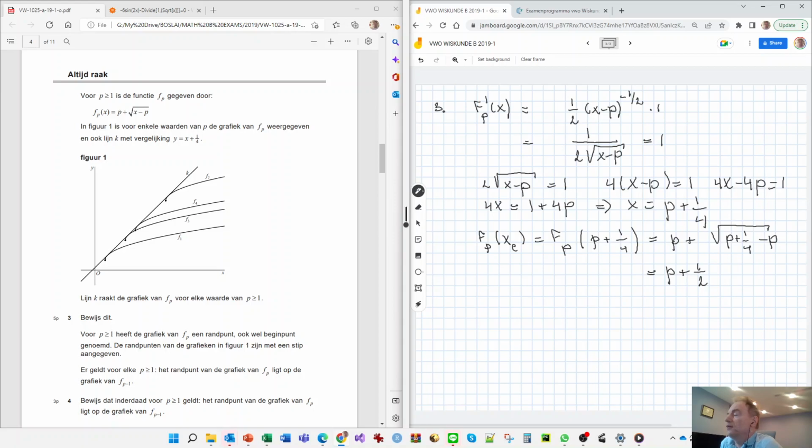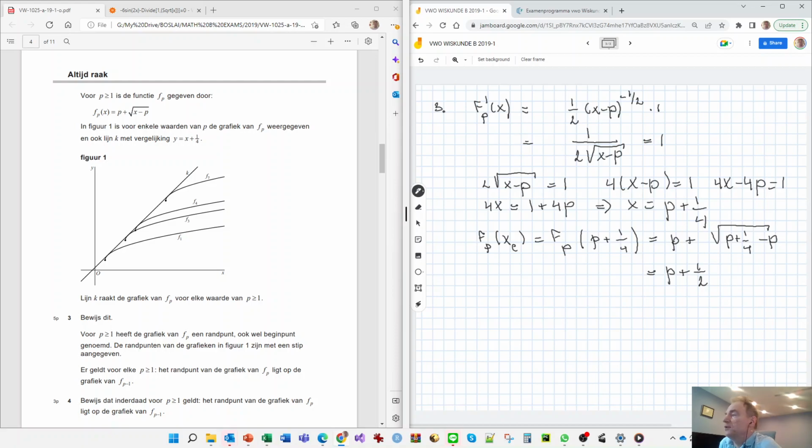And so this is, for function fp, the y value of the tangent with a slope of 1. And so now we need to figure out where that is located. What is the x? Well, x is p plus 1/4.